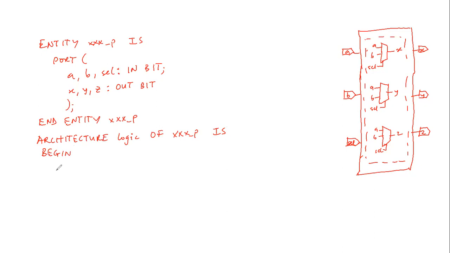Then let's put a comment here: a simplified model, for instance. Then our output X is less than or equal to A, and it's a complement, right?